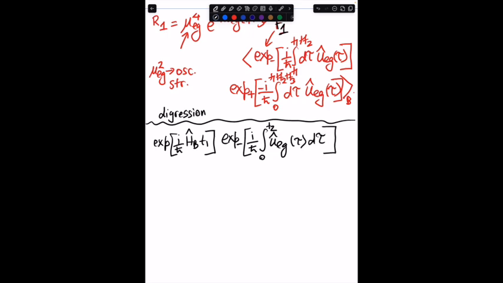So this integration variable tau belongs somewhere between 0 and t2. Okay, and then you have a time propagator with respect to the Bath Hamiltonian, and it propagates your system over t1.